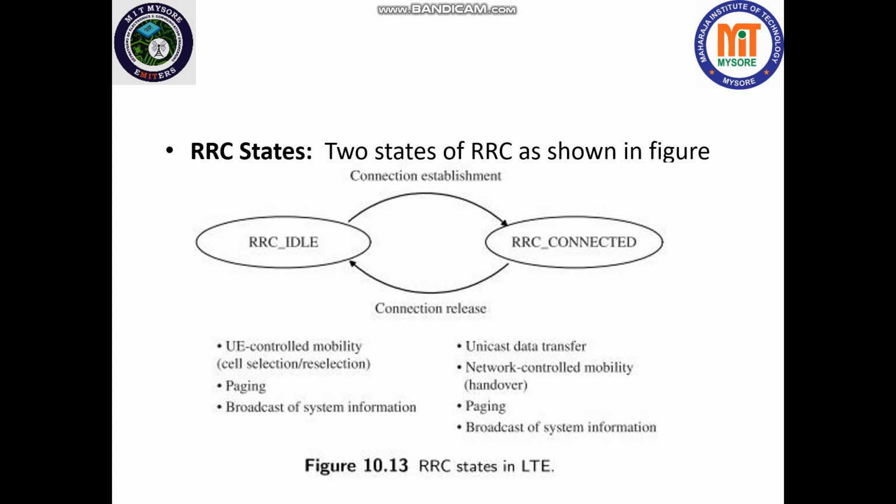So that condition is the idle condition. You have not contacted anyone, but there is messaging or signaling happening between eNode B and your user equipment in that state, and the state is the RRC idle state. The things explained here are listed in these points: user equipment controlled mobility, cell selection and reselection, paging, which is nothing but your signaling information, and broadcast of system information.